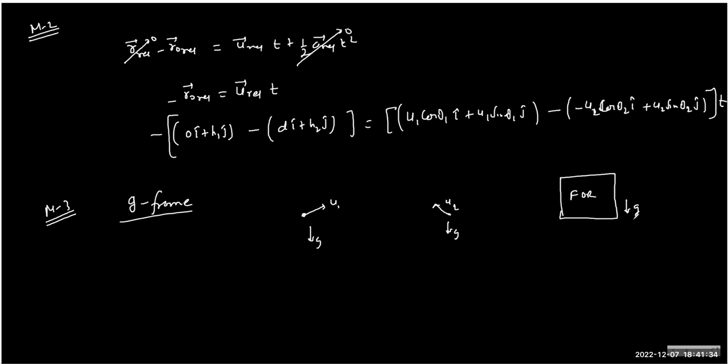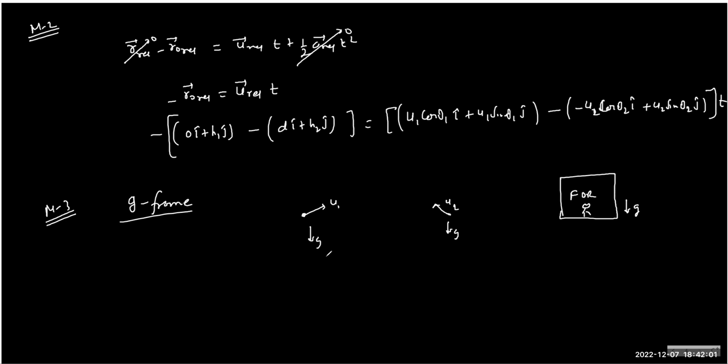And it starts free falling at the exact same instant when you throw these two projectiles. So the person in this frame will never see the acceleration part, because they all have the same acceleration. So will you see the free fall? The answer is no.